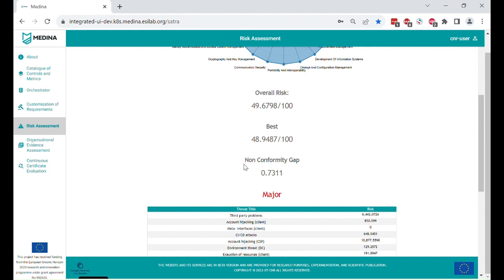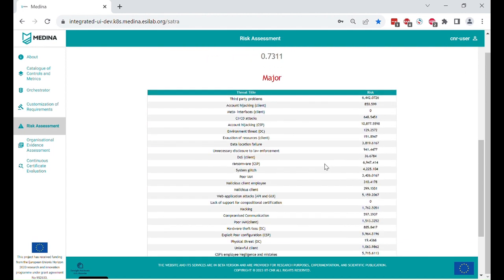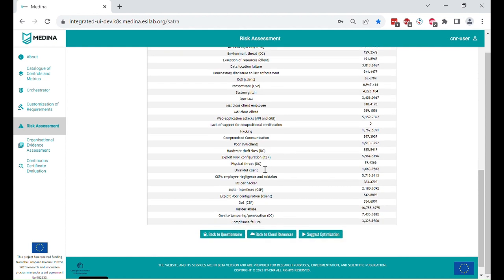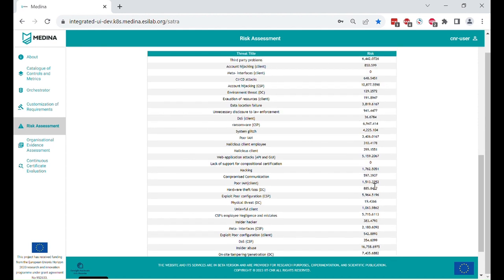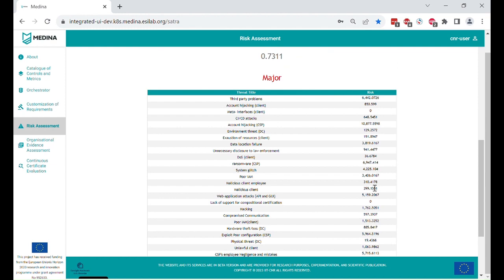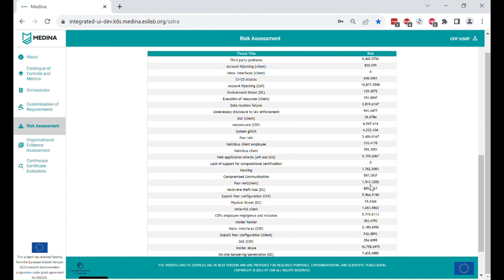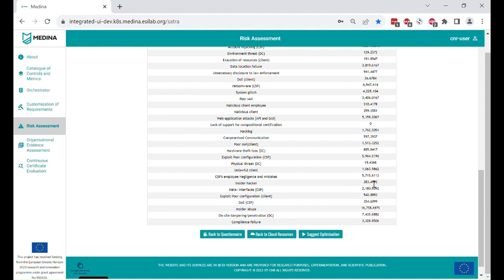Non-conformity gap, this is the value, and it is still considered a major gap. There are also the expected monetary losses for each supported threat that is available to the analyst, so the analyst could identify those threats that are most important for this service.